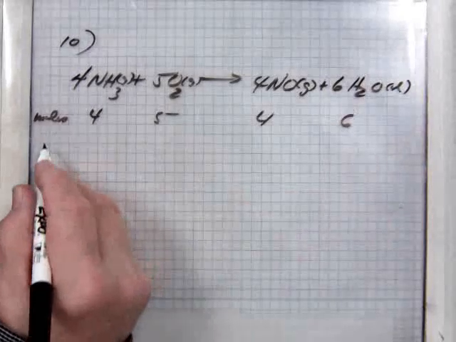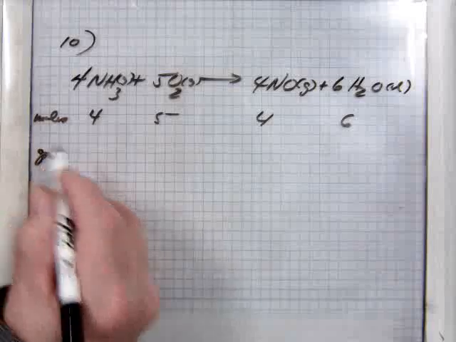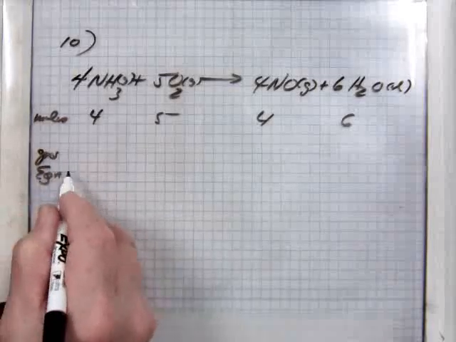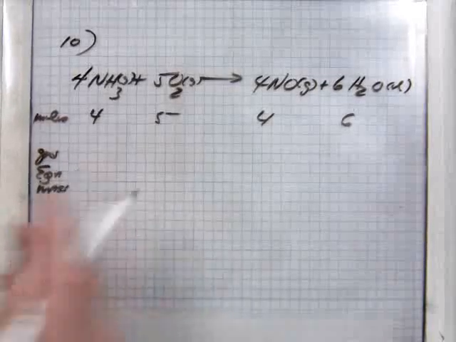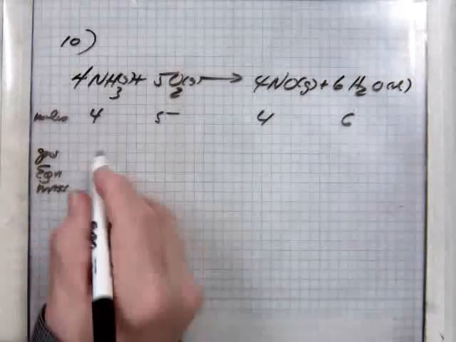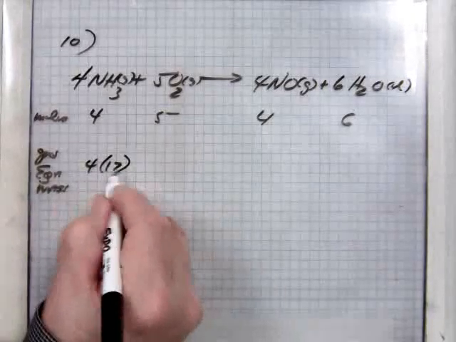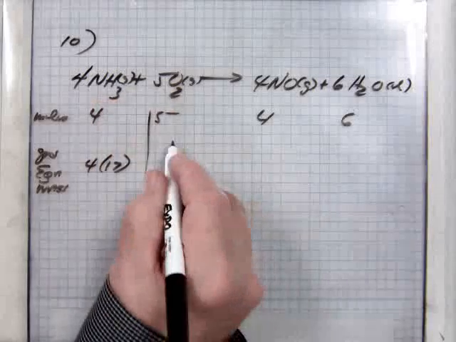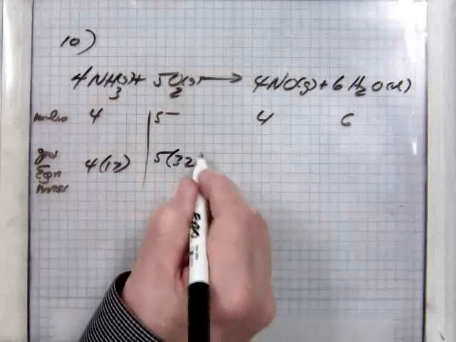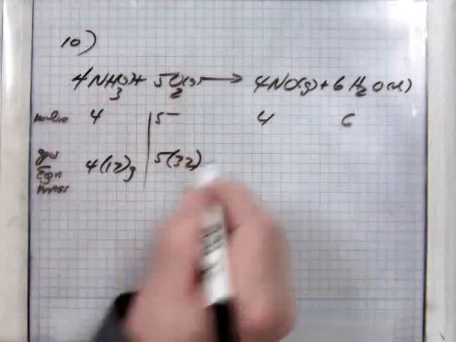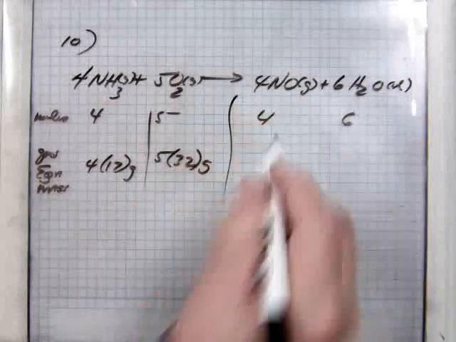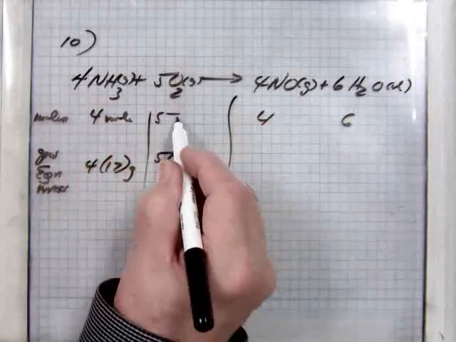Now, all I have to do to get grams, called equation mass, is multiply by formula weight. So this would be 4 times 17 for that one, and this would be 5 times 32 grams for that one. I should put moles over here.